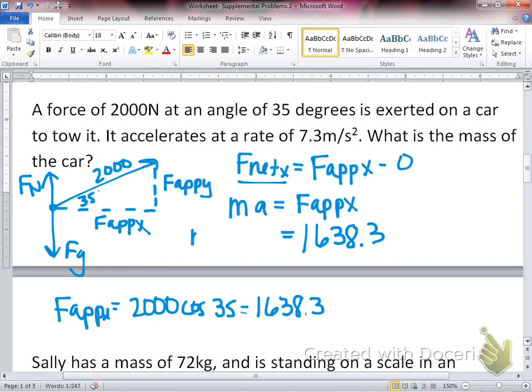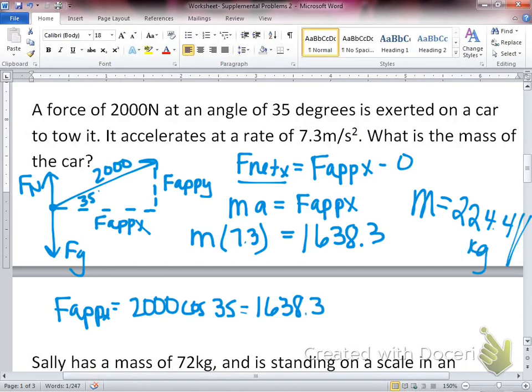I'm solving for mass, which means I'll divide by my acceleration. Okay, do we agree on our mass here?